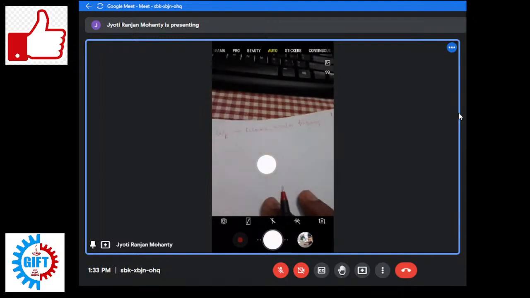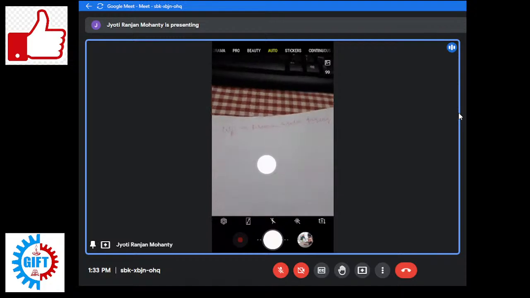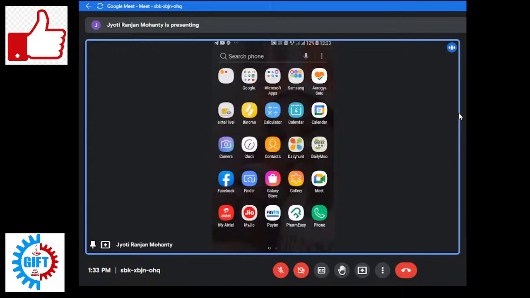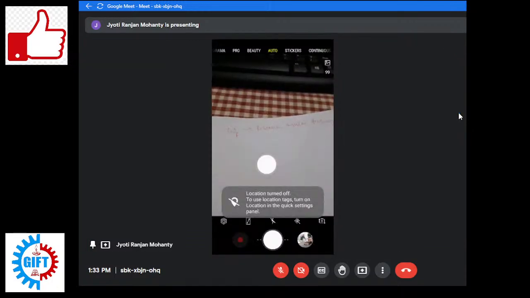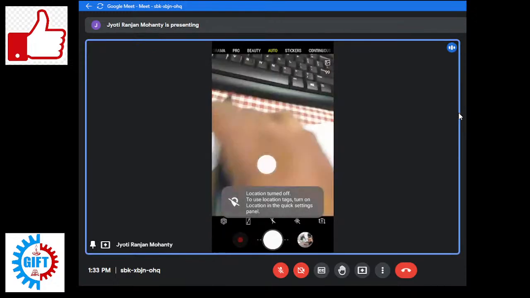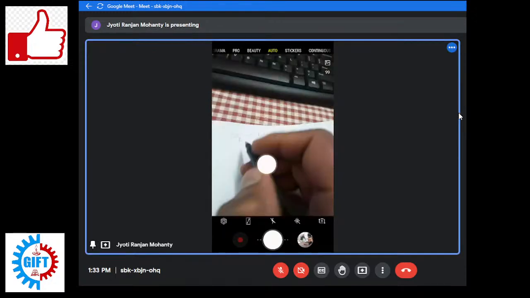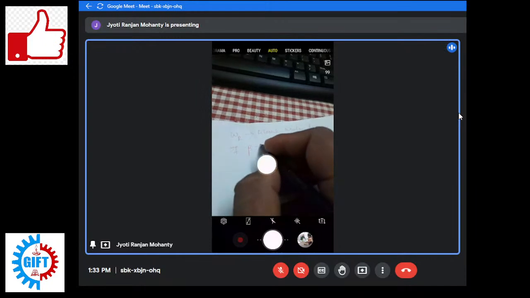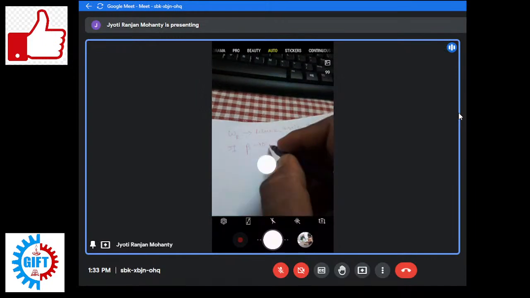Already we have taken the third condition of the resonance. What is the third condition of the resonance? Beta is much less. Much less means if beta tends to 0, what will be your equation 1?